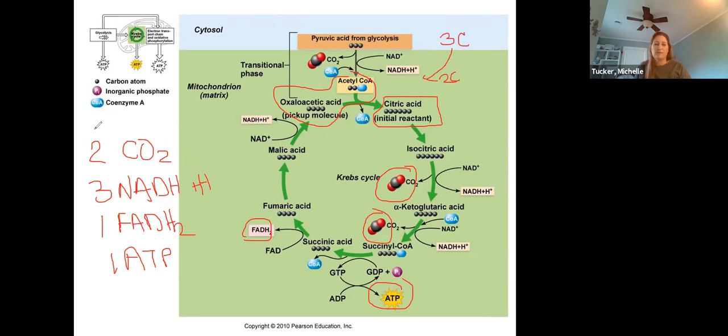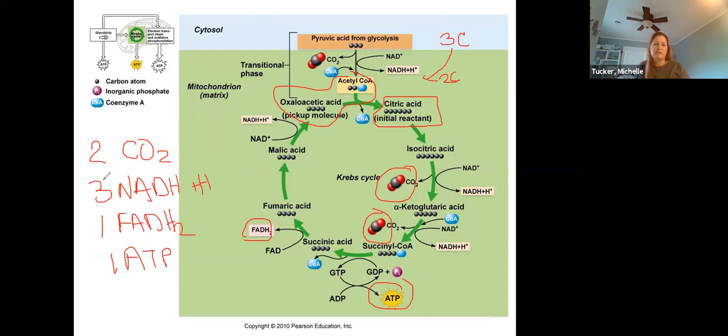In the process, we form 2 CO2 because we need to lose 2 carbons if we're going to pick up another acetyl-CoA. These are just going to be released and excreted in the air, as we exhale.